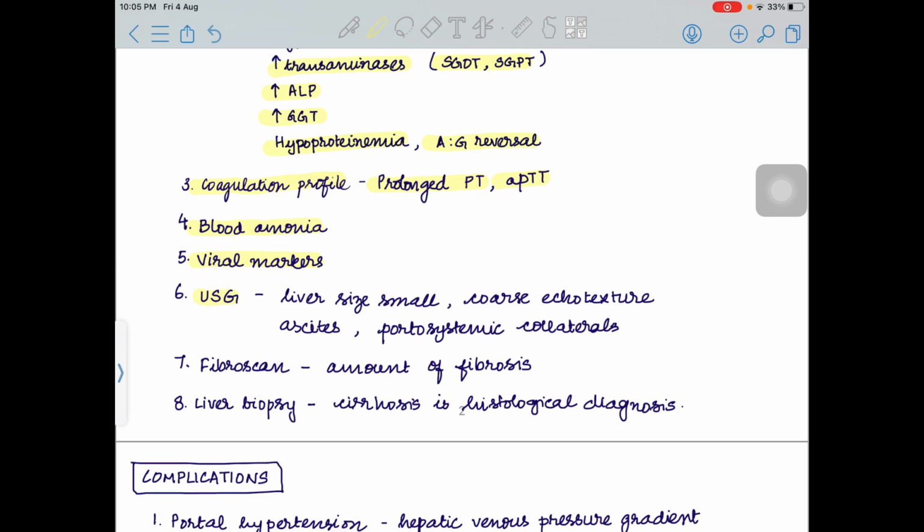In ultrasound, we can see the liver size is small, coarse echotexture of the liver, ascites can be found. Also, portosystemic collaterals can be identified in ultrasound. Fibroscan will show the amount of fibrosis. Liver biopsy is the gold standard investigation to find out cirrhosis because cirrhosis is a histological diagnosis.